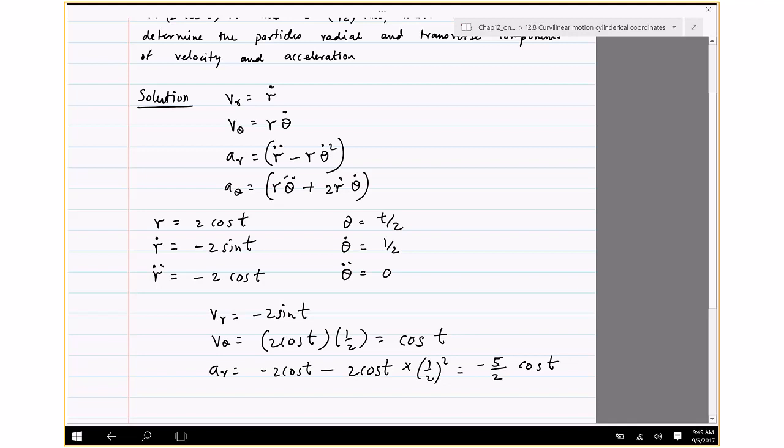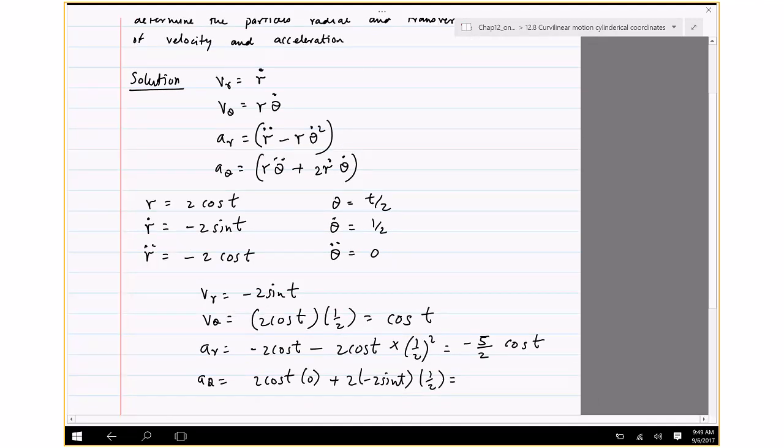Yeah, that's right. And then A theta is r times theta double dot, but r is 2 cosine t and theta double dot is 0, plus 2 r dot, which is minus 2 sine of t, times theta dot, which is half. So this would give me minus 2 sine of t.